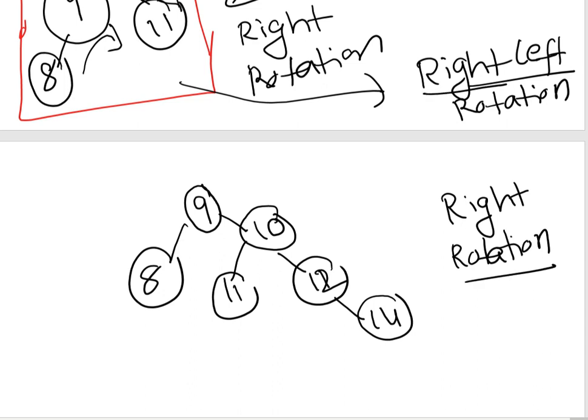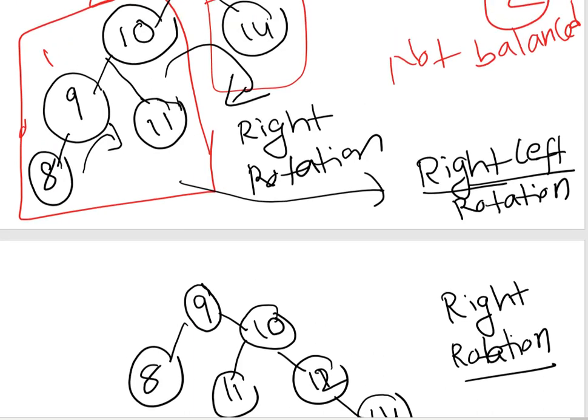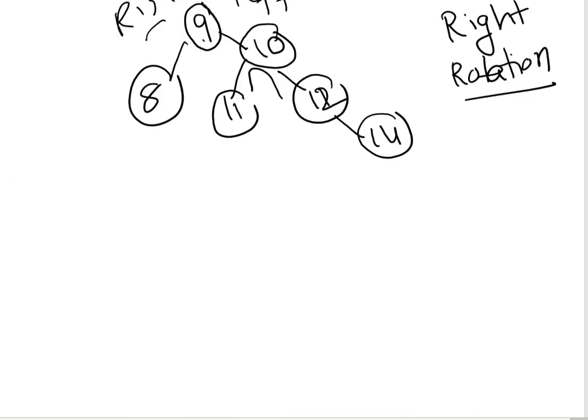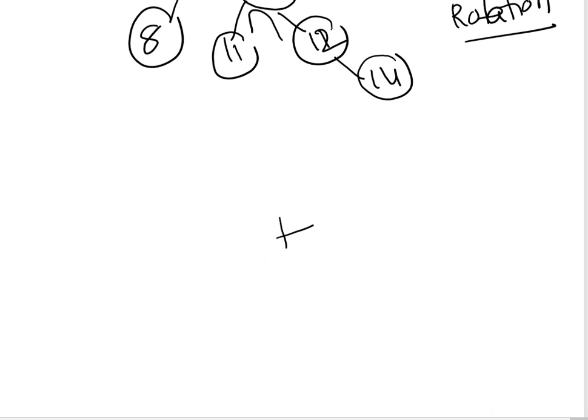We need to go for right and left rotation. See here, if you perform right rotation, 9 will be the root, whereas 11 will be on the right side, but we need to perform the left rotation again. So this is called the right left rotation. Okay, let me give one more example. 11, 10, 9.